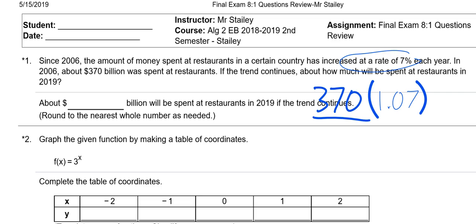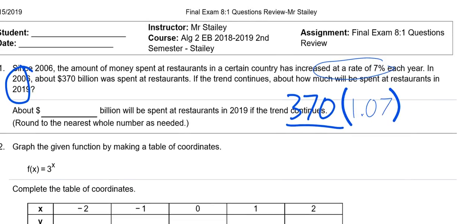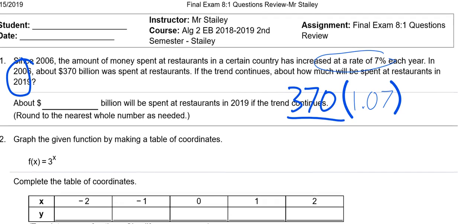Folks, we're not going to write all those zeros. We know that our answer is going to be in billions. Okay? Billions with a B. 13 would be the exponent. Let's see. Do we agree with that? We're starting in 2006 and we're ending in 2019. I believe that would be 13. Right? So, use your calculator, type it in.